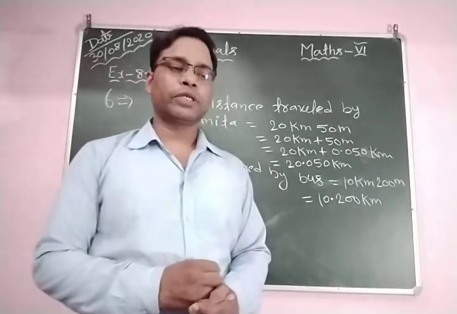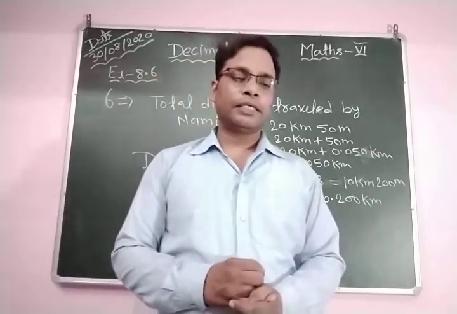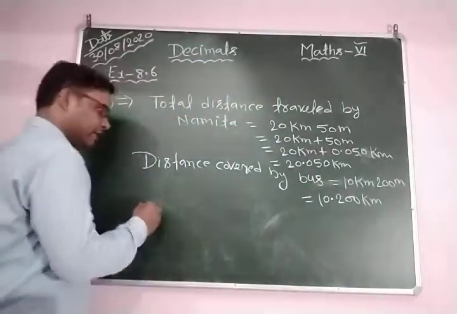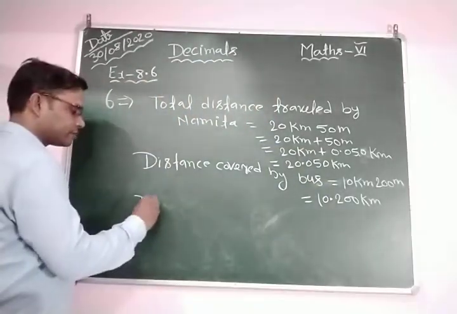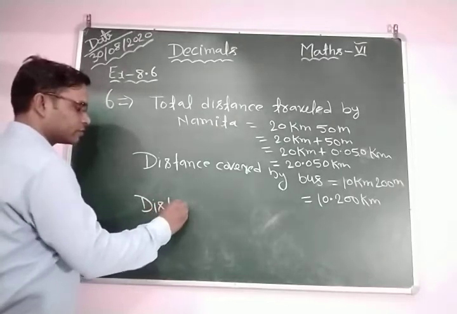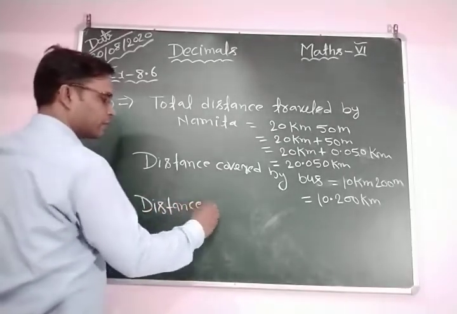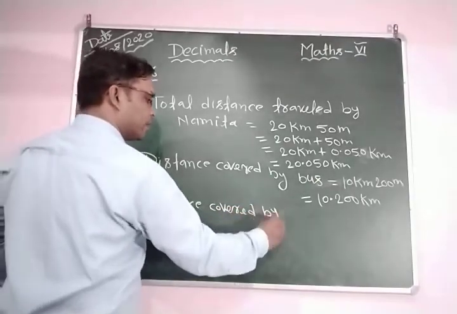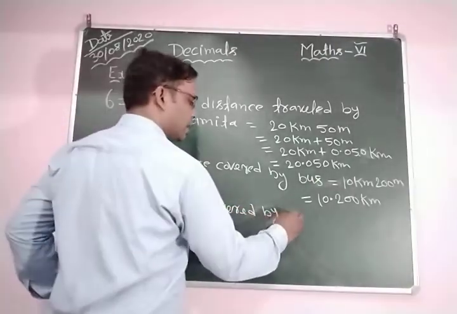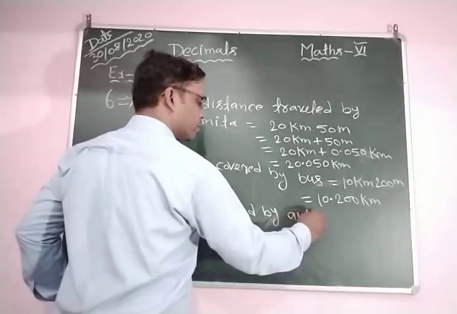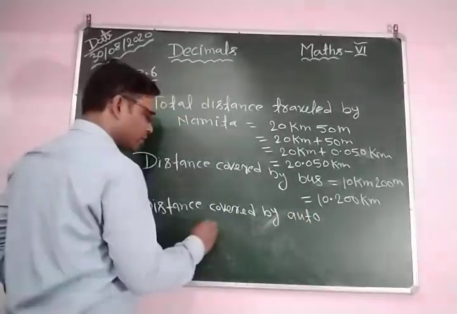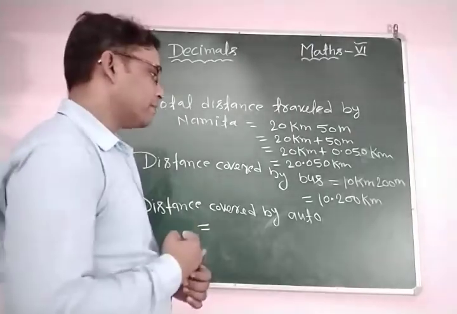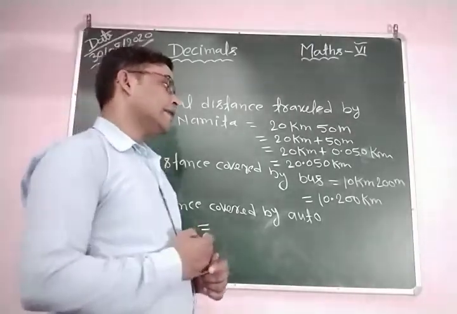Okay, so here the question asks us the distance traveled by auto. So here write: distance covered by auto is equal to total distance covered by Namita minus distance covered by bus.